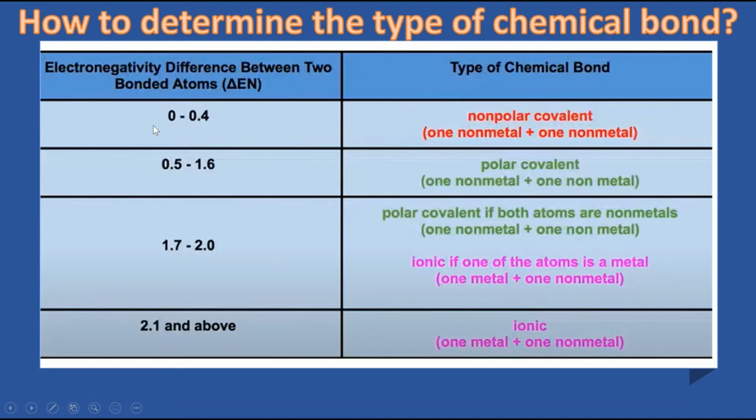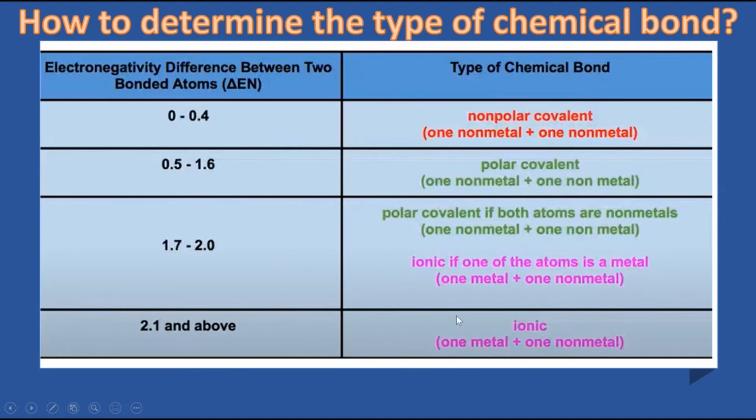So as I told just now, if the electronegativity difference is between 0 and 0.4, then it is a non-polar covalent bond and it is between two non-metal atoms. Similarly, if a bond is formed between two non-metal atoms, but the electronegativity difference is 0.5 to 1.6, then it is a polar covalent bond.